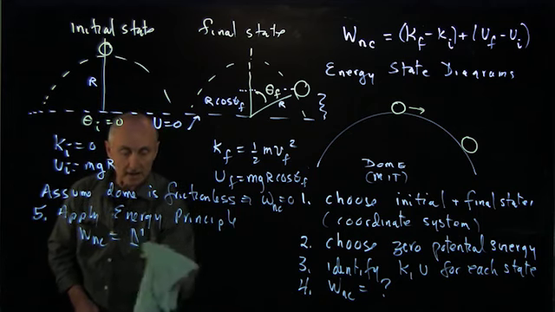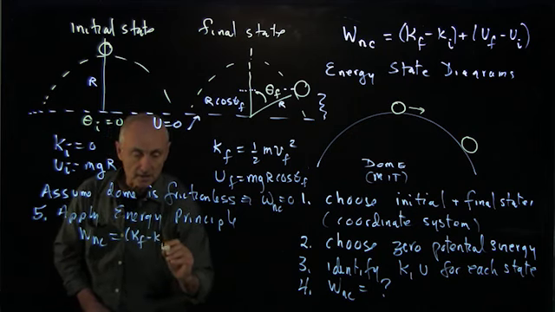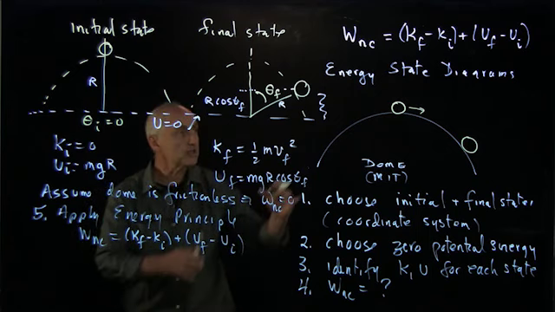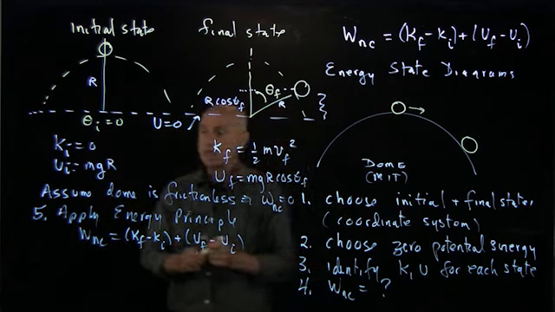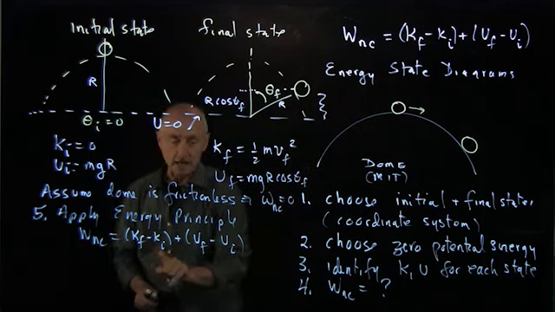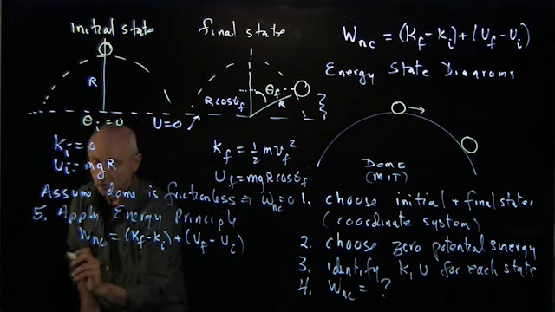Let's write it out, everything explicit now that we've defined: K final minus K initial plus U final minus U initial. And you see the power of these diagrams and this methodology is, we've now defined very explicitly every single term that appears in the energy principle. And so we can write out our result.